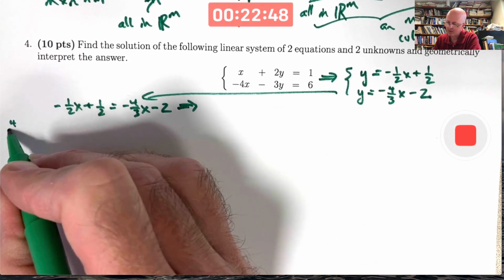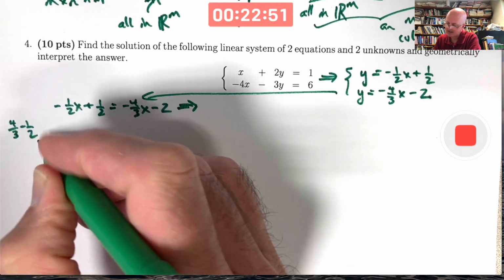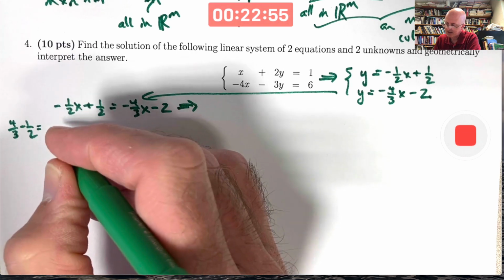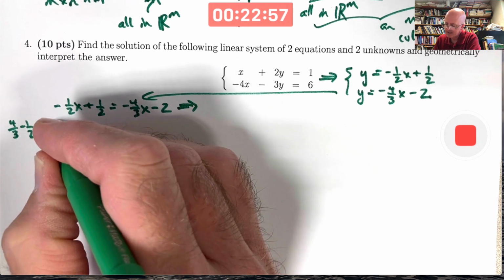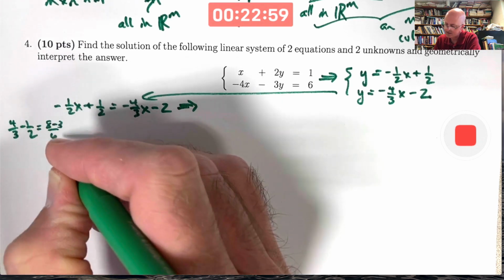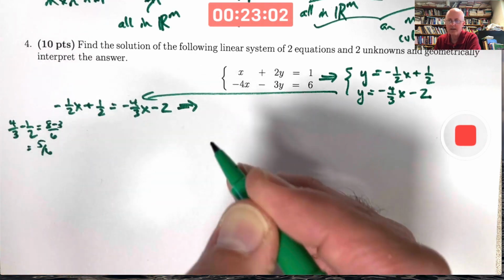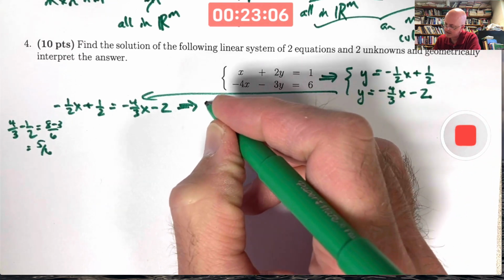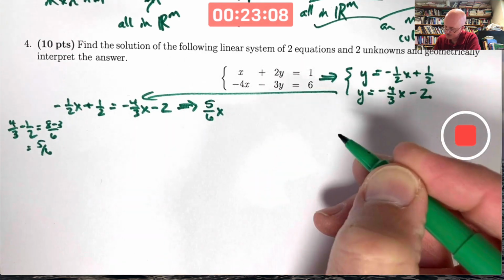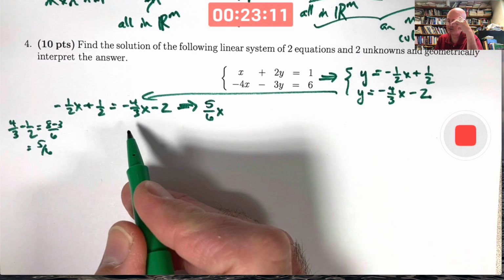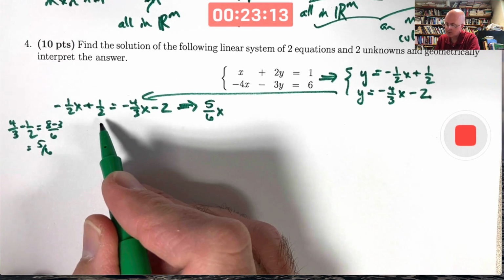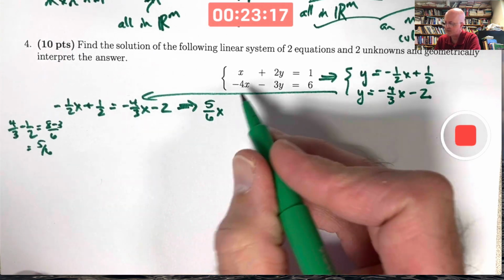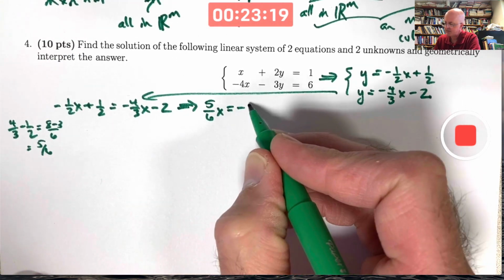I'll need to do 4/3 minus 1/2 as a little side calculation here. Get a common denominator of 6. That'll be 8 minus 3 over 6, which is 5/6. Does that seem right? 4/3 minus 1/2, yeah, I think that's right. 5/6 on the left after adding 4/3 x to both sides. Subtract 1/2 from both sides, it cancels on the left. Negative 2 minus 1/2 is negative 2.5. That'll be negative 5/2.